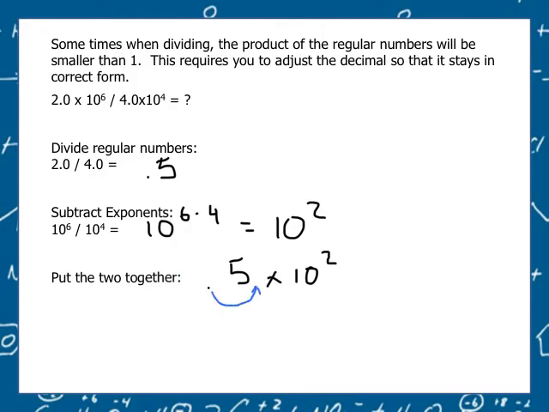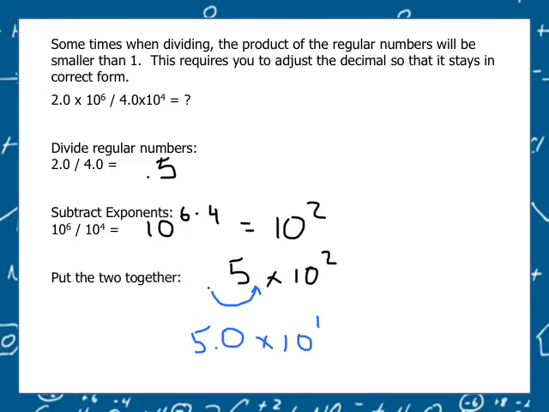I need to move the decimal over so that I have one number in front of it. In this case, I went from 0.5 to 5, so I made the decimal part larger, so that means my exponent needs to get smaller by one place. And this is what your answer should look like for that.